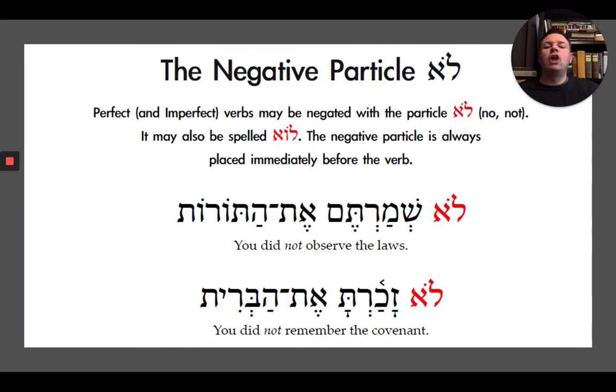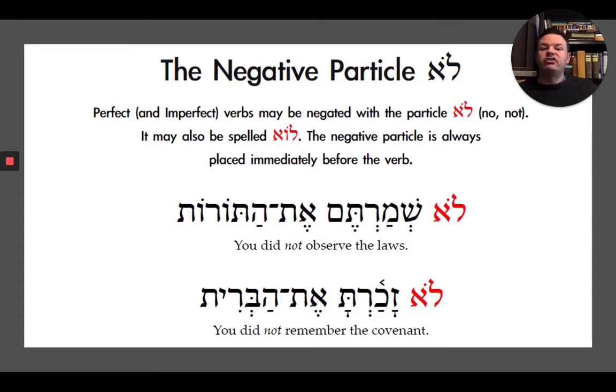The negative particle lo is the last thing we want to talk about today. Perfect and imperfect verbs, which we're going to learn about next week, may be negated with the particle lo, meaning no or not. By negated, what that means is if you stick this in front of a word and it says like I kept, or you kept, or observed, it means you did not observe.